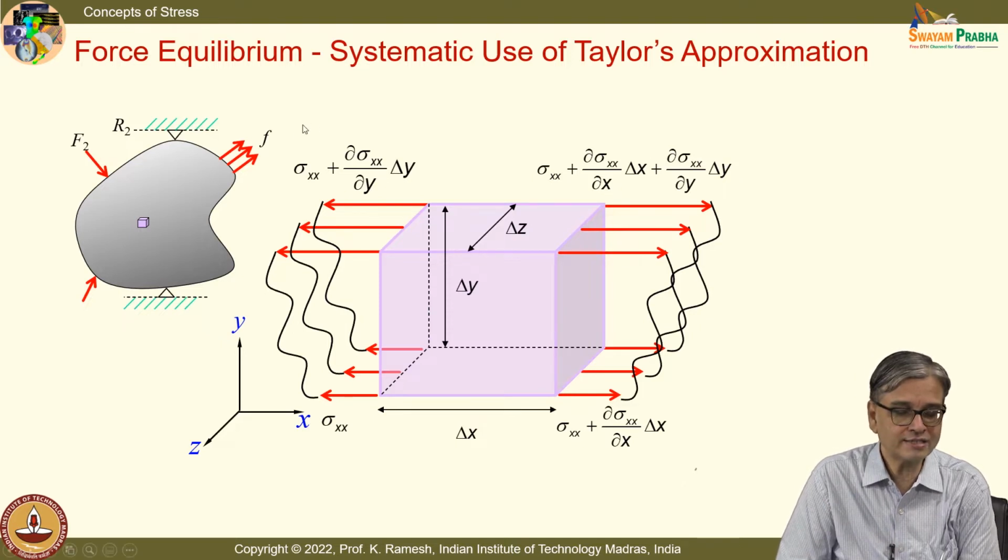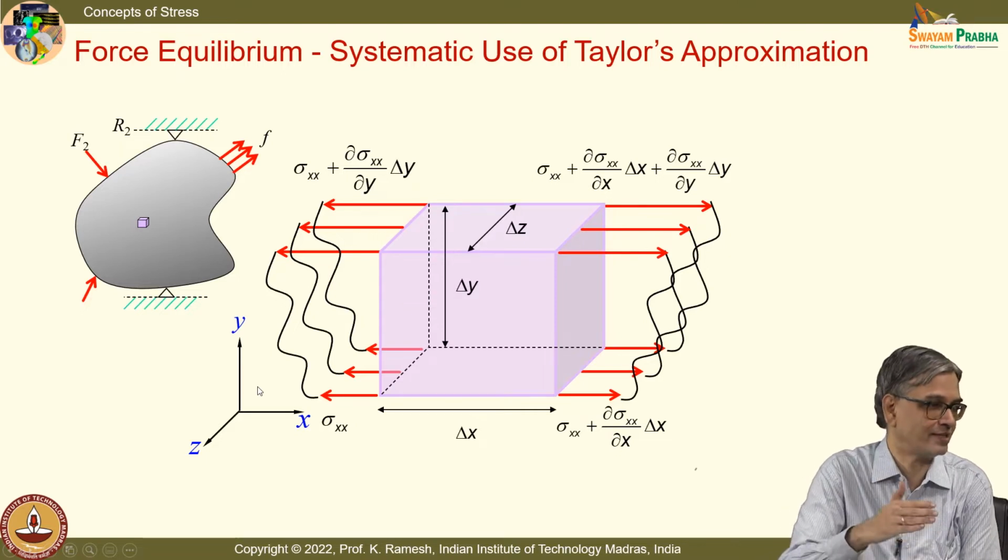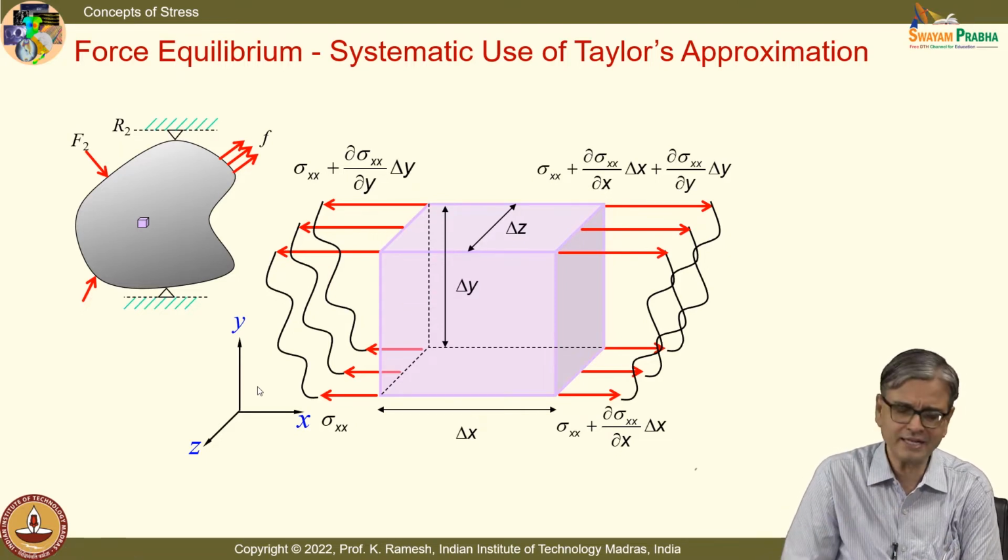Now what I will do is, on this surface, I will replace it by a stress component at the center by taking the average of this. That is an approximation that we can always make. Similarly, I will do this and let us see what we get.